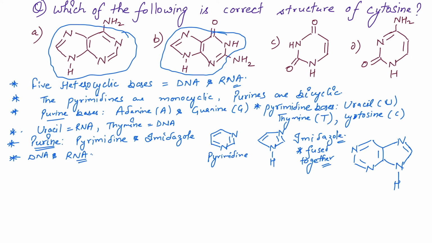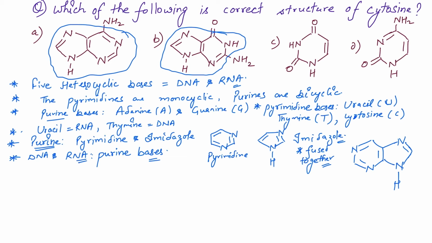So the first one is our adenine, as DNA and RNA they contain purine bases. So purine structure is the common in adenine and guanine.